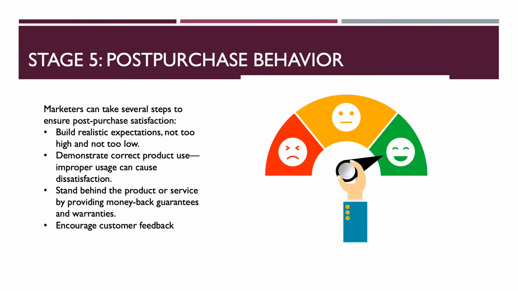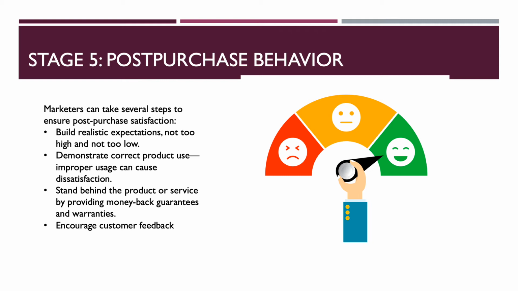Marketers can take several steps to ensure post-purchase satisfaction. Setting unrealistically high consumer expectations of the product through advertising, personal selling, or other types of promotion may lead to higher initial sales, but it eventually will result in dissatisfaction if the product fails to achieve high performance expectations.